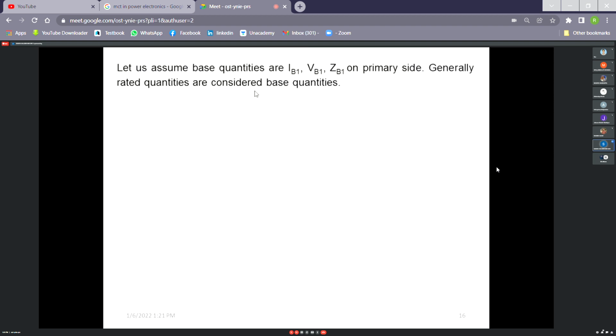Now assume that the base quantities are IB1, VB1 and ZB1 on the primary side. Generally, rated quantities are assumed as base quantities. So an 11 by 33 kV, 50 MVA transformer means the primary side base voltage is 11 kV and the base MVA is 50 MVA; the secondary side base voltage is 33 kV, obviously line to line, and the base MVA is 50 MVA.